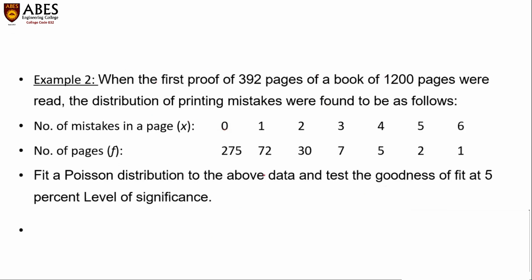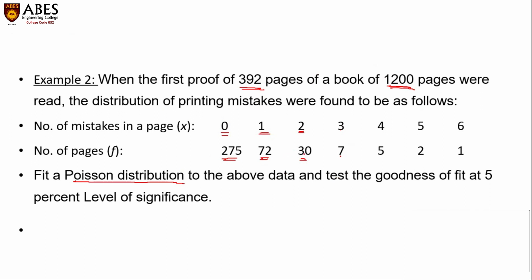As the next example, in this case, we are going to verify whether data are consistent with Poisson distribution or not. When it was observed that in 392 pages of a book, which in total had 1200 pages, 275 pages had zero printing mistakes, 72 pages had one printing mistake each, 32 pages had two printing mistakes each, 7 pages had three printing mistakes each, and so on.